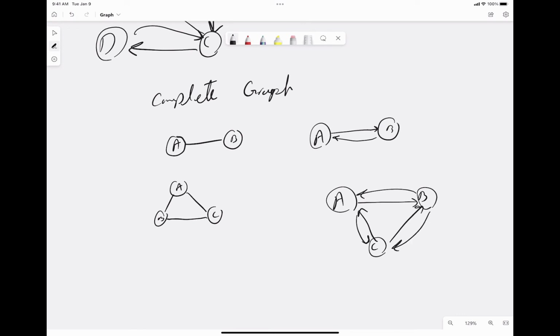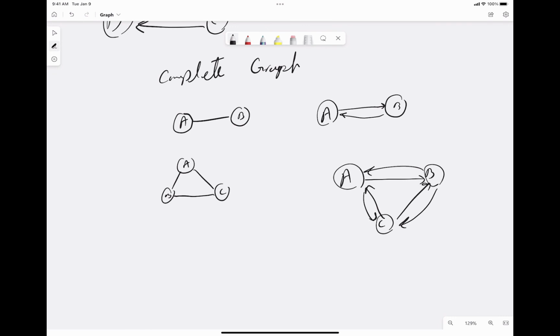So let's see if we can find a pattern to find the number of edges and number of nodes in a complete graph. As you see, if there are n nodes or n vertices, each node is connected to every other node, which means that each node is connected to exactly n minus one other vertices.